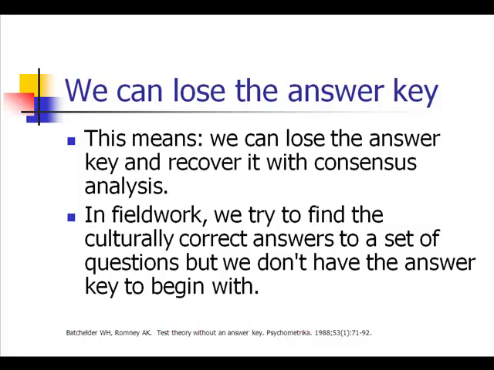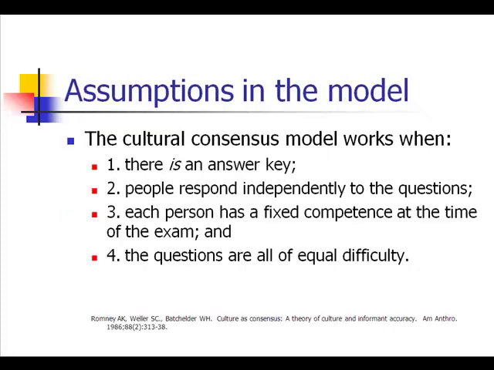It's a godsend, by the way, for field workers, because it also means that we don't need large numbers of people. Where there is cultural consensus, and we can establish that, we can interview a very small number of people and find the answers. So all of our sampling issues vanish when you have tested cultural consensus. So, assumptions. The model works when there is an answer key.